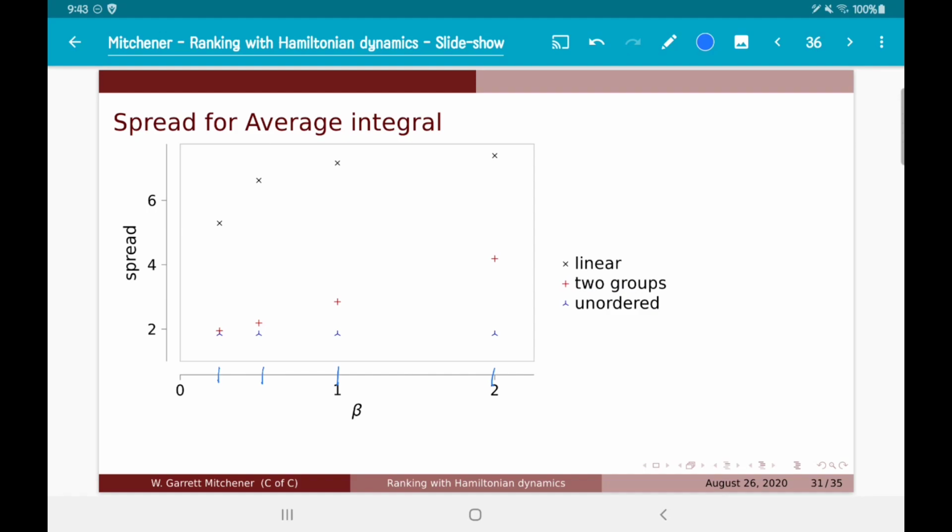So this is showing that the spread is actually a reasonable way to talk about rankability of these different synthetic test cases. I'm not going to show the results for rank boost or trajectory minimum because they're essentially the same, just on a little bit different scale.